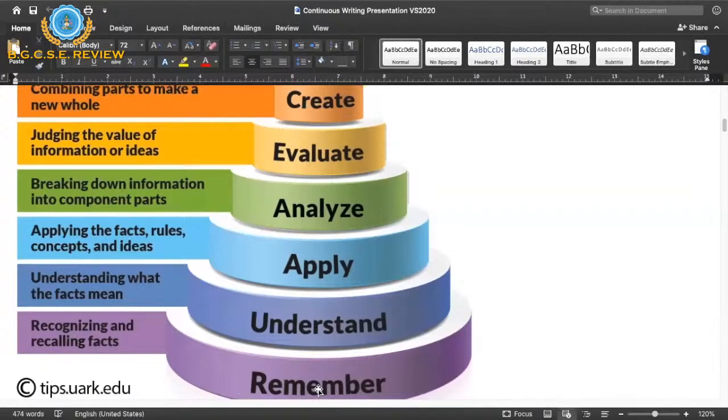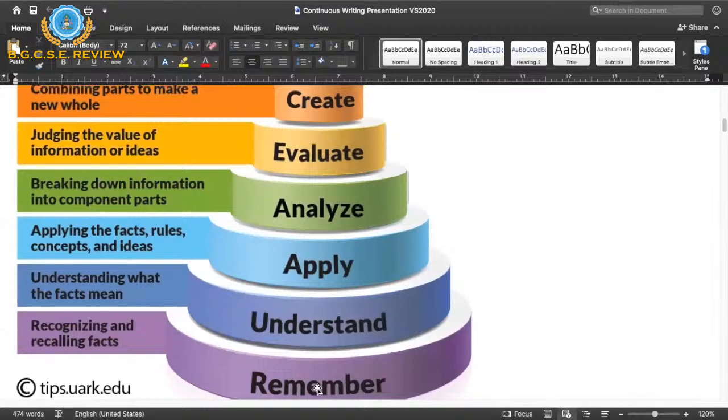By now, based on the first 2 weeks of continuous writing, you should be able to remember the requirements of paper 1, how long the paper is, for example, how many words you have to write. At this point, you should be able to recall the main types of writing. This is where we begin. The information that you can recall and remember.